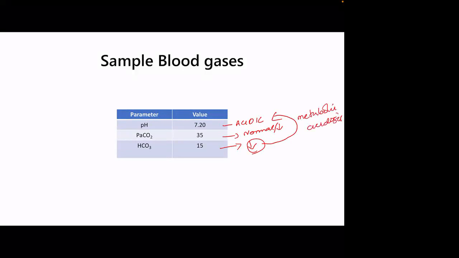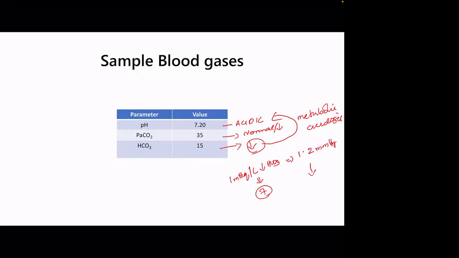And in this metabolic acidosis, there should be respiratory compensation. For each 1 milliequivalent per liter decrease in bicarbonate, so here there is a decrease of 7 from 22, there should be a decrease of 1.2 millimeters of mercury in carbon dioxide.